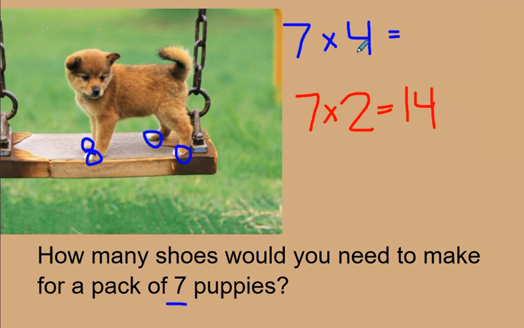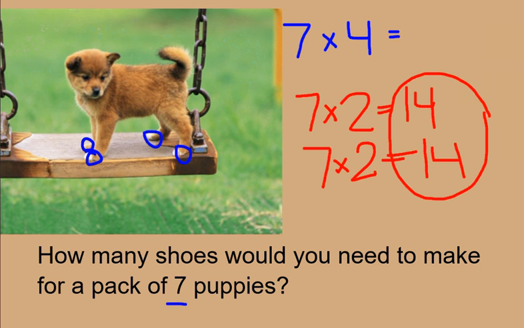If I need 7 times 4, though, I need another 7 times 2, because 2 plus 2 is 4. Okay. So then I'm going to add those up, and 7 times 4 is 28. You could also draw out the 7 groups of 4 and then count by 2s if you're not good at counting by 4s. Okay.